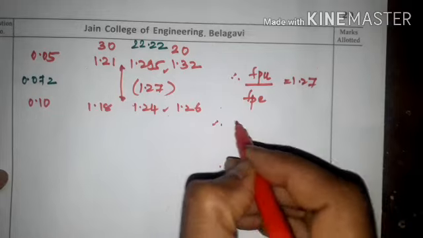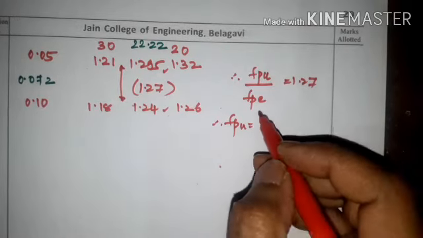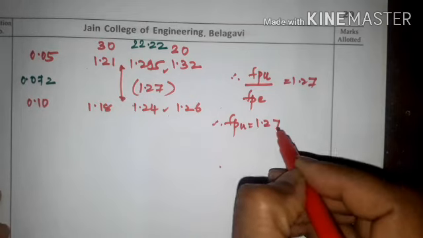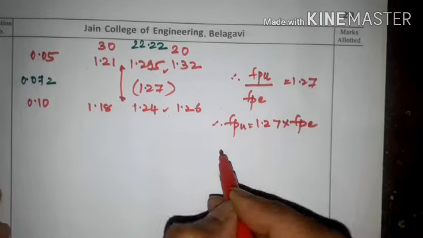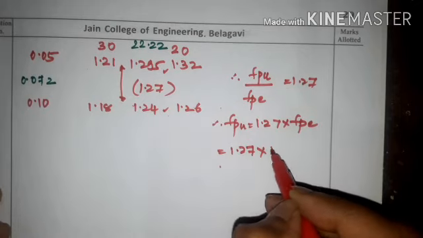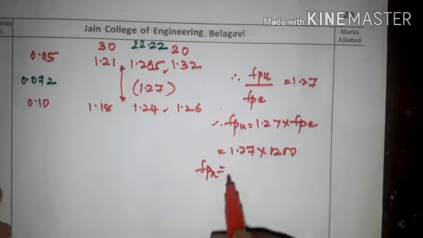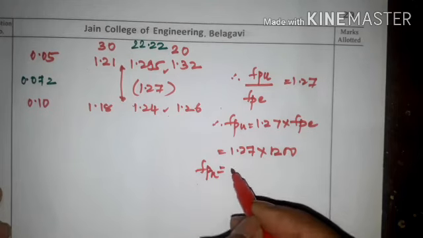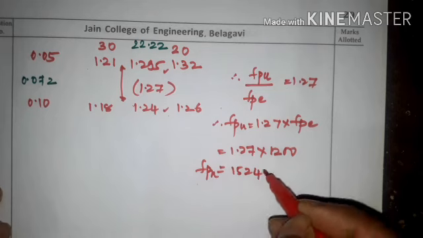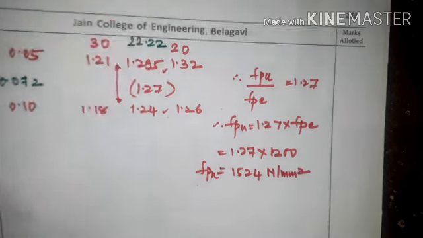So FPU is equal to 1.27 times FPE, and FPE is given as 1200. So we will get FPU equal to 1524 Newton per mm square.